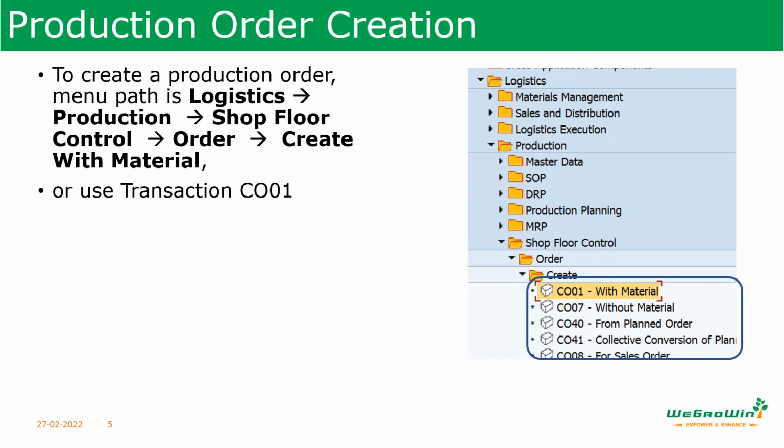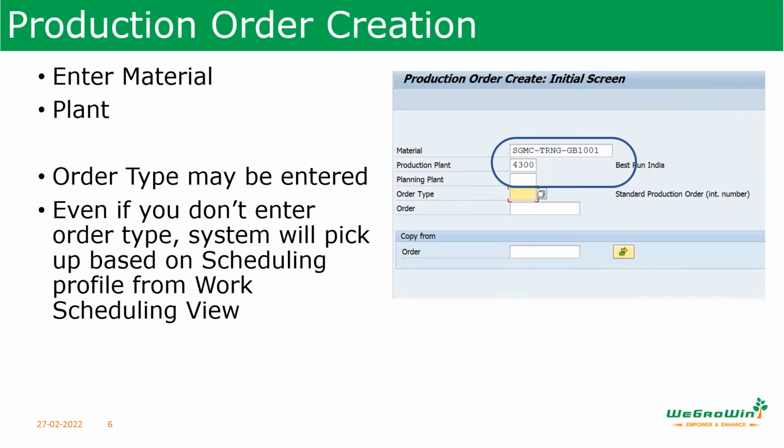And production orders are created through the menu bar shown here or the transaction code CO01. Then system will take us to the screen where we have to enter the material and the plant. Also we have to enter the order type.